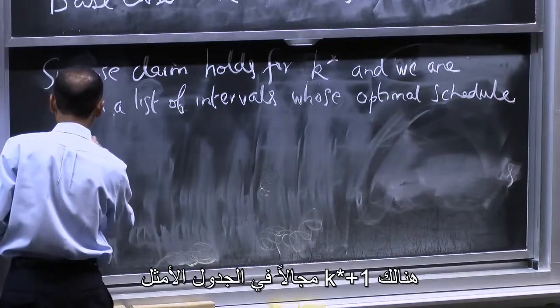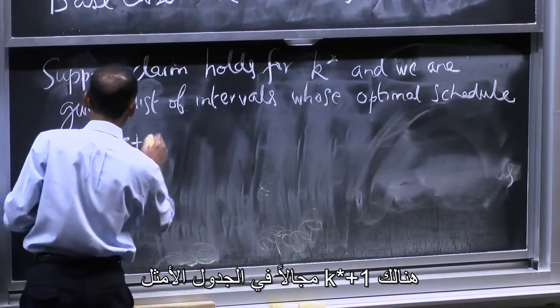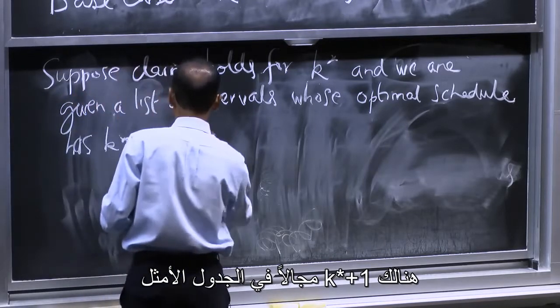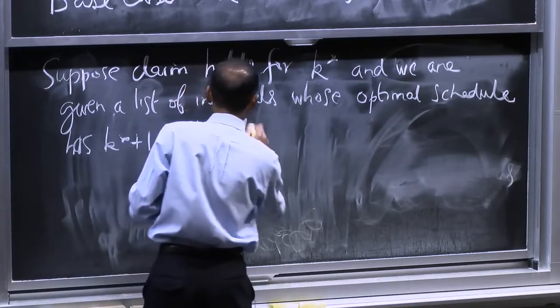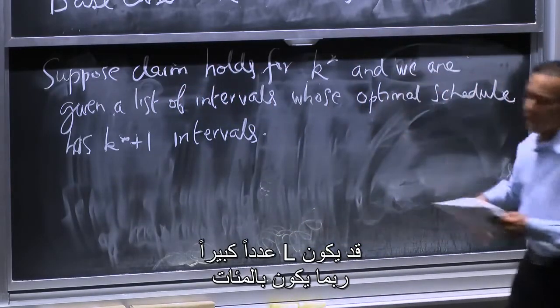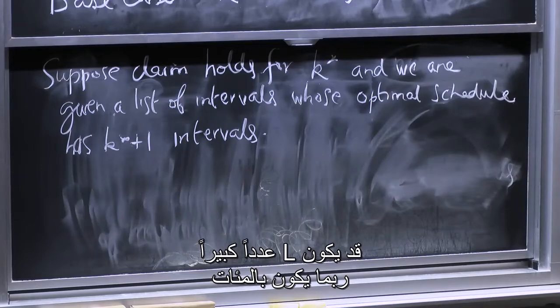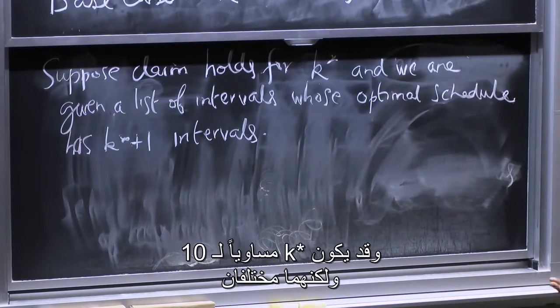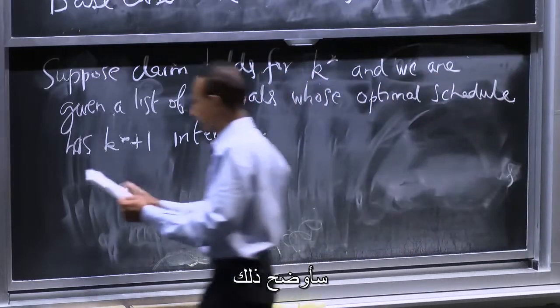It has k star plus 1 intervals in the optimal schedule. So L may be some large number, capital L, maybe in the hundreds, and k star maybe 10, what have you. They're different. I want to point that out.